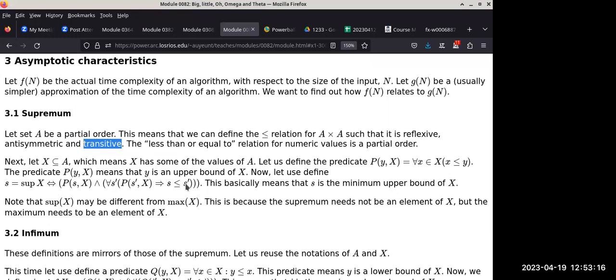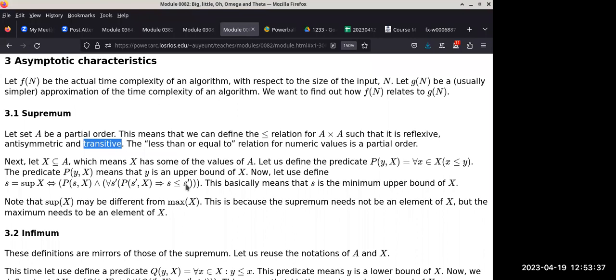What do you mean by S prime? S prime comes into existence because of the universal quantifier. So that means, if S prime is not an upper bound of X, it's okay. The implication is automatically true, in which case we don't care how it compares to S itself.